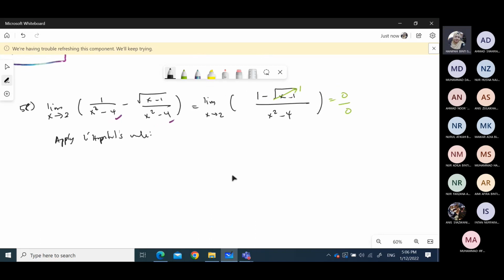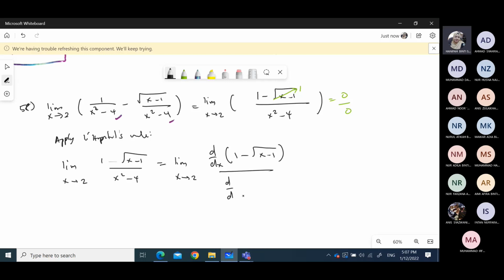Okay, so we differentiate the numerator and denominator. Limit x approaches 2 for 1 minus square root x minus 1 over x squared minus 4 equals limit x approaches 2 of the derivative with respect to x of 1 minus square root x minus 1, over the derivative with respect to x of x squared minus 4. You differentiate the 1 and get zero because it is a constant.